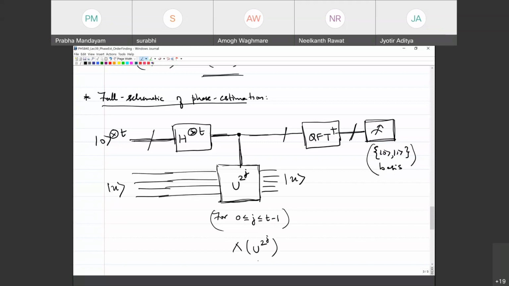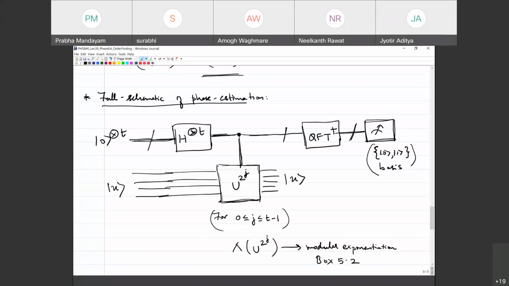And it turns out that there is a way to do this by a procedure called modular exponentiation. I will not get into this, but I will refer you to chapter 5 of Nielsen and Chuang for this, where they show how you can do this, or they estimate the circuit complexity of this. So if you're interested, please look up box 5.2.